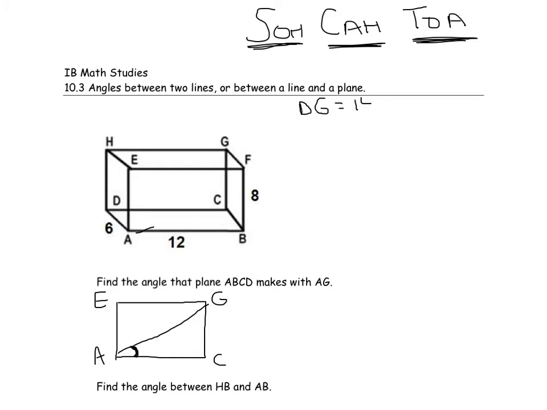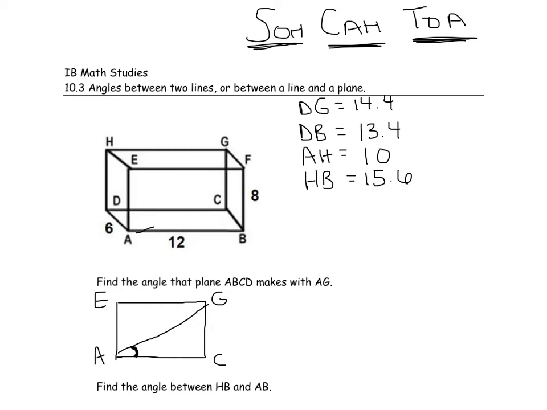DG was 14.4. DB was 13.4. AH was 10. And HB was 15.6.